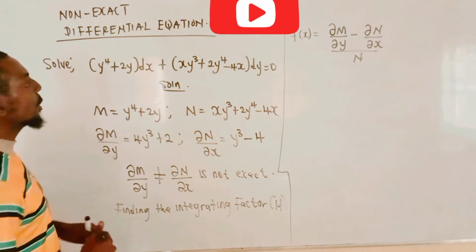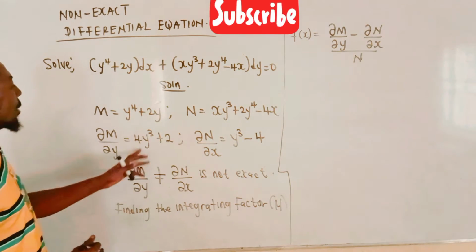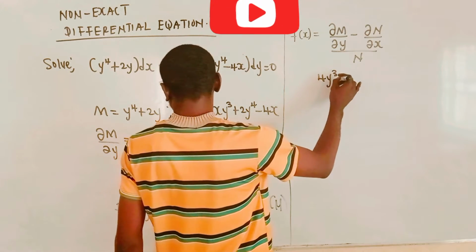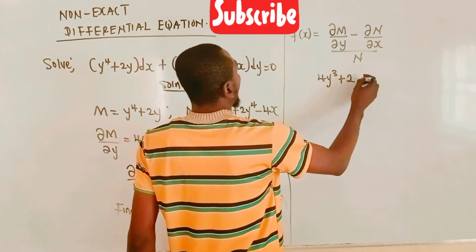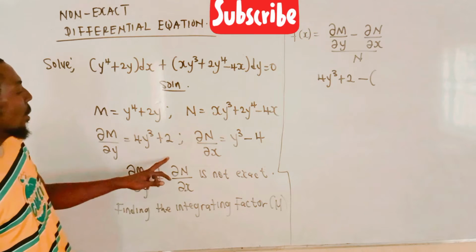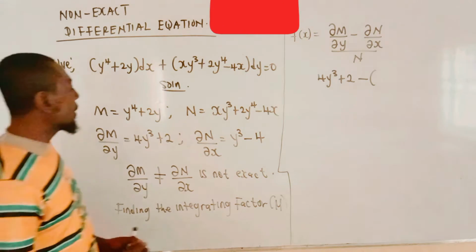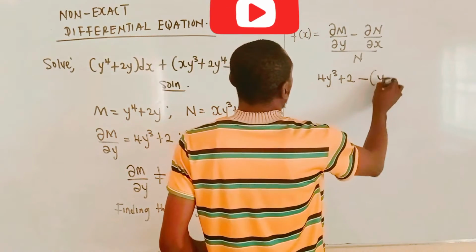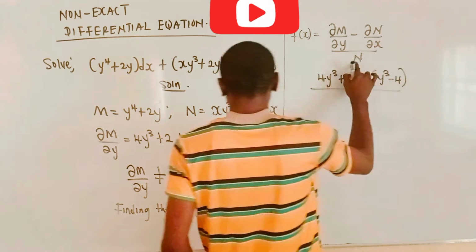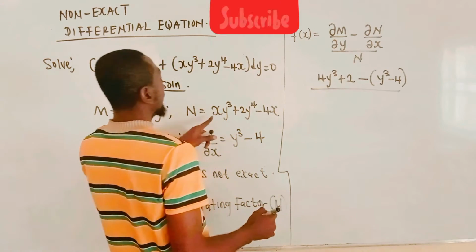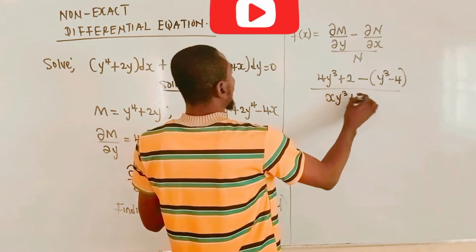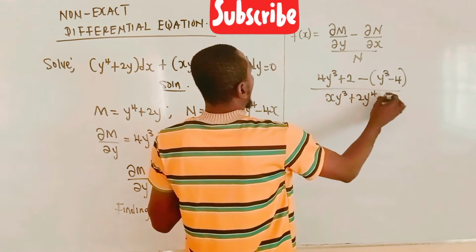So the partial derivative of M with respect to y gives us 4y³ plus 2, minus the partial derivative of N with respect to x, which gives us y³ minus 4, all over N, and of course our N is xy³ plus 2y to the power 4 minus 4x.